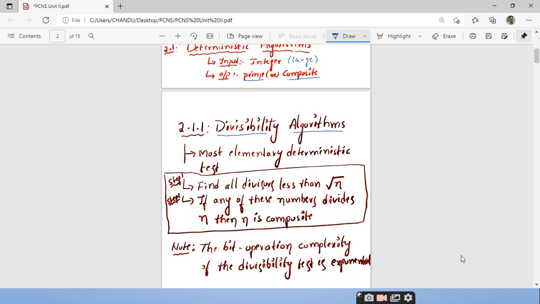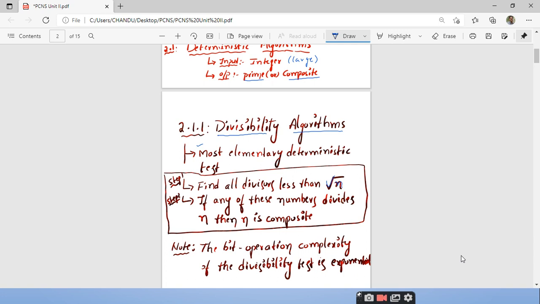It's the most elementary deterministic test, right? In yesterday's session we also saw one divisibility algorithm. If you want to find whether a number is prime or not, the first step is to find the square root of n.